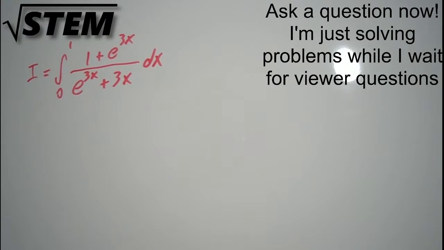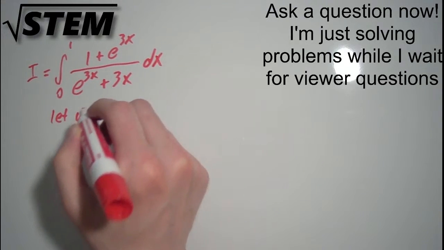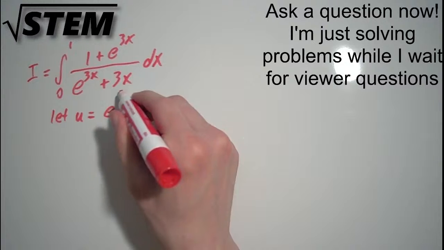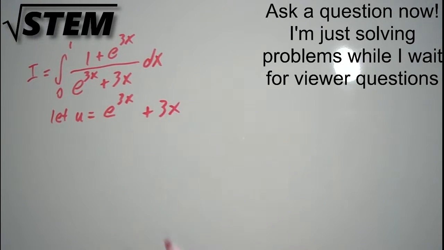Let's see. What if we do the classic: let u equal the bottom of this fraction, e to the 3x plus 3x.